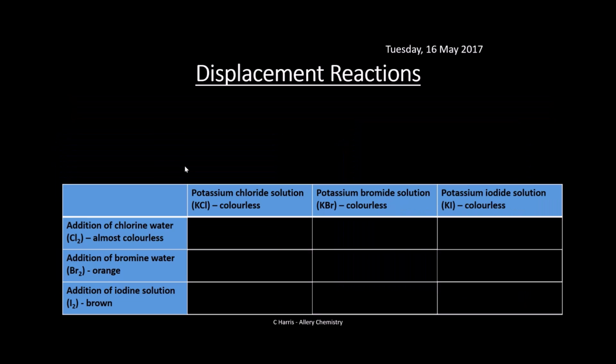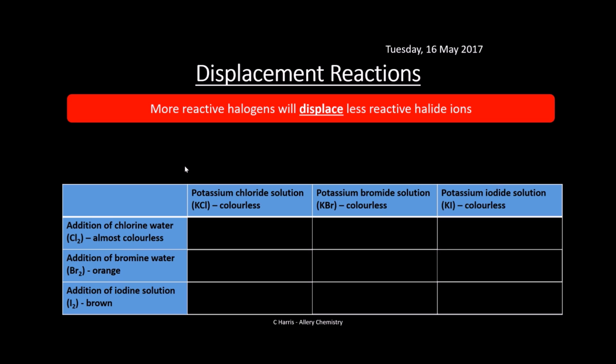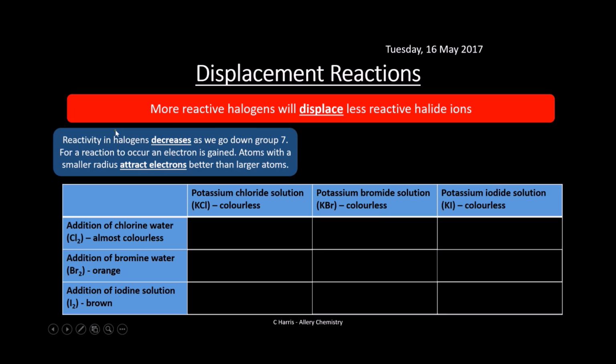Okay, so let's have a look at some of these colour changes. So remember, a more reactive halogen will displace a less reactive halide ion. Remember the reactivity: fluorine is the most reactive element, and as we go down the group, they become less reactive. So remember this, reactivity decreases as we go down group 7. And the reason why: for a reaction to occur, an electron is gained.